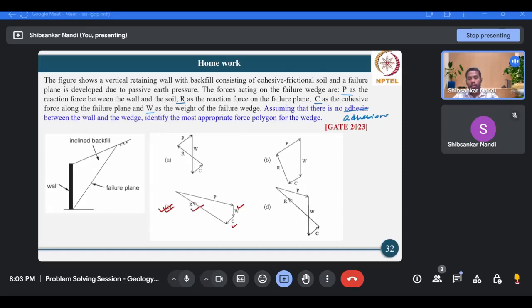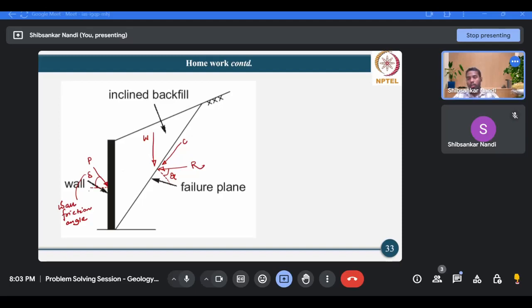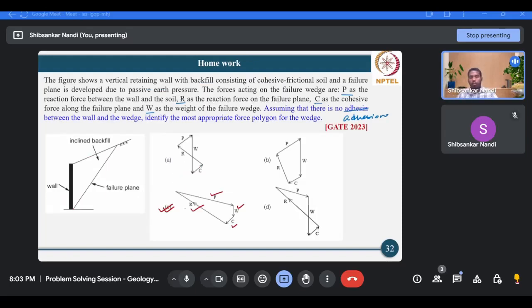C is along the failure plane, acting downward, and P is acting downward at an angle delta with the normal to the wall. So in this way we can say that option C is the correct answer.